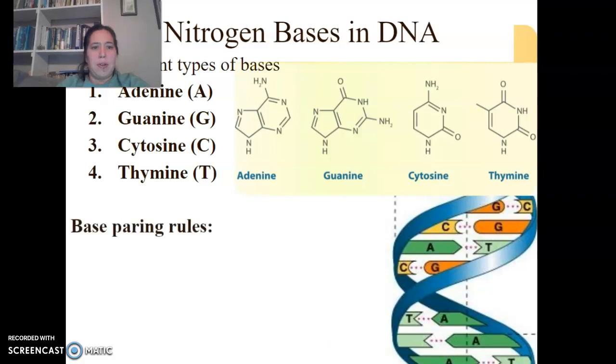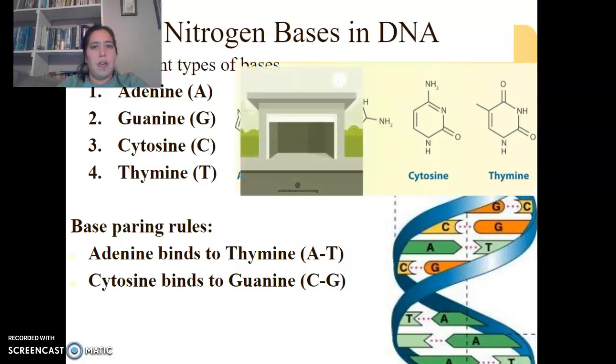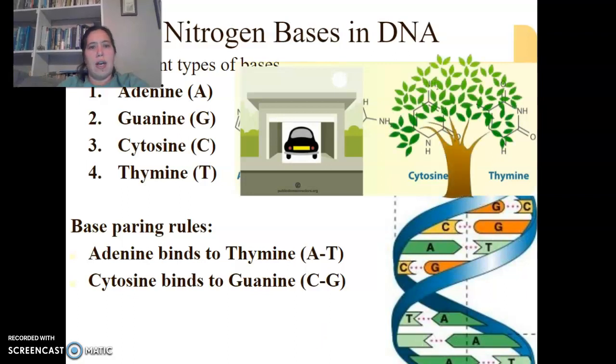And the base pairing rules are adenine always binds to thymine, or A goes with T in DNA, and cytosine always binds to guanine, so C always goes with G. You can remember this by remembering that a car goes in a garage and apples go in trees. Okay, so that's a little memory tool to help you remember those base pairs.